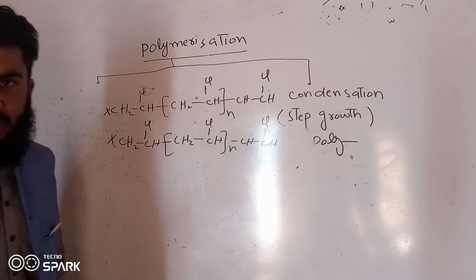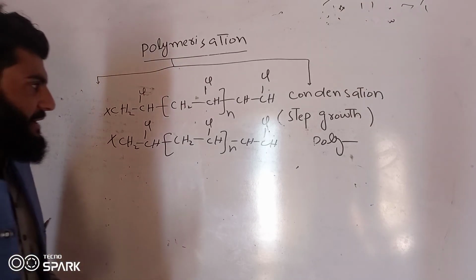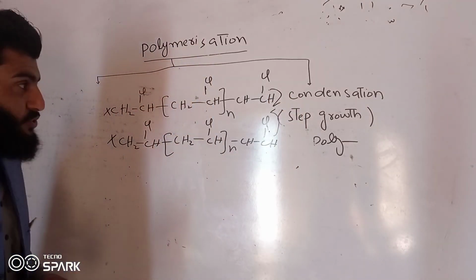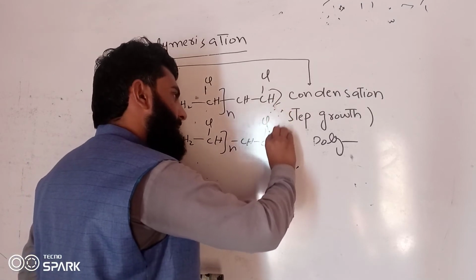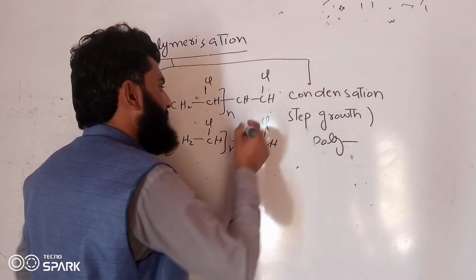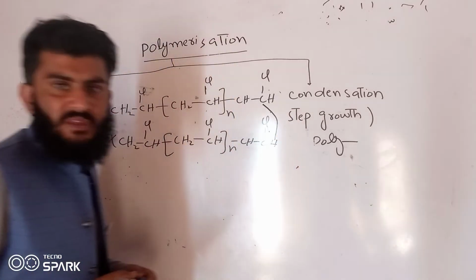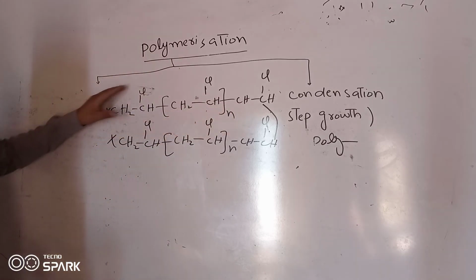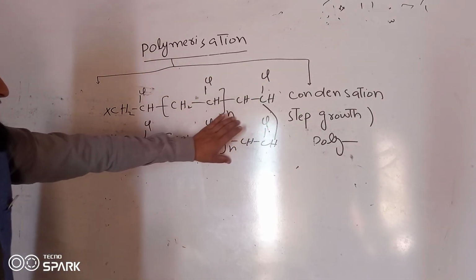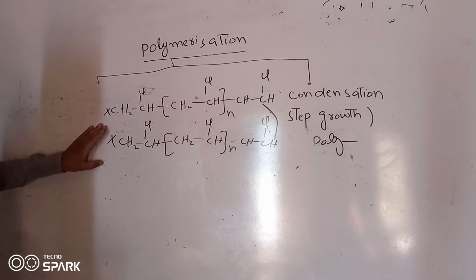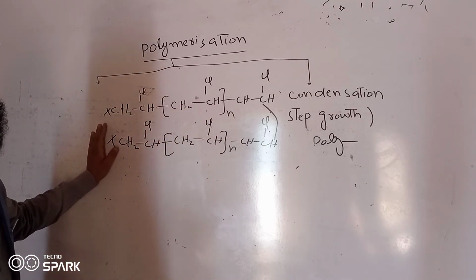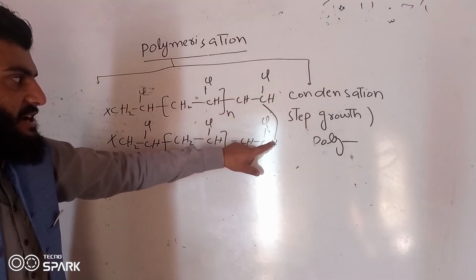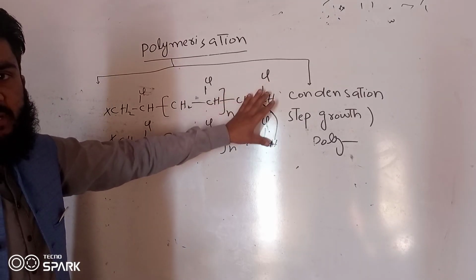Coupling means the pair combine. For example, it comes here and it comes here. What type of bond takes place? The bond formed between these two is the result of the propagation step, and this is another result of the propagation step. So when these chains propagate further and further, at the end these propagated species recombine and form a dead polymer.